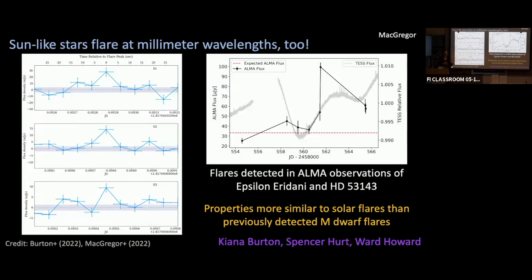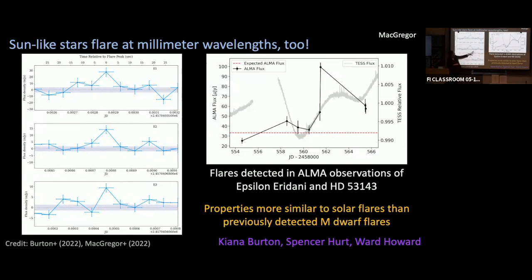Because now we've gone back and looked at that point source in the middle of all of our ALMA images. This is Epsilon Eridani, which is a disk hosting star that's a sun-like star. And we're able to detect 3 flares in archival ALMA observations from Epsilon Eridani. And this is HD 53143, that really wonderful disk that had a misaligned inner disk and an eccentric outer disk.